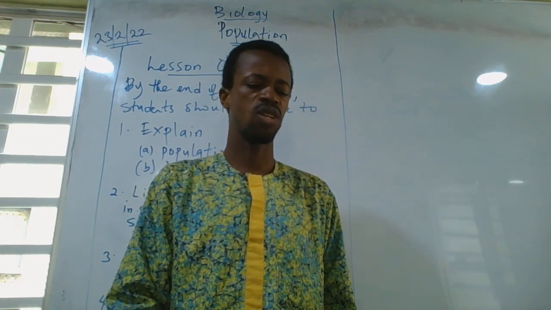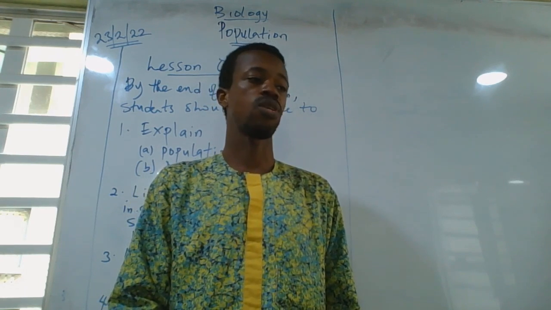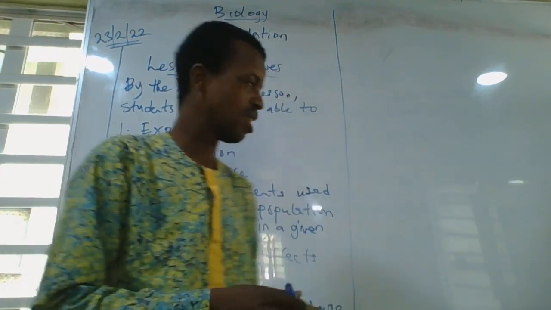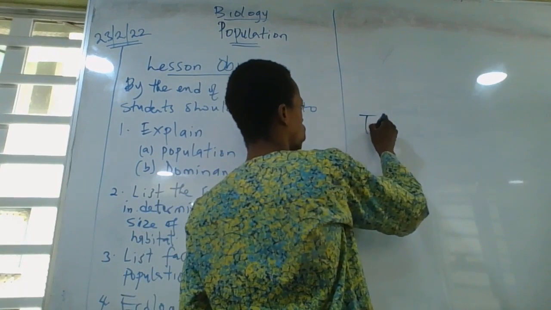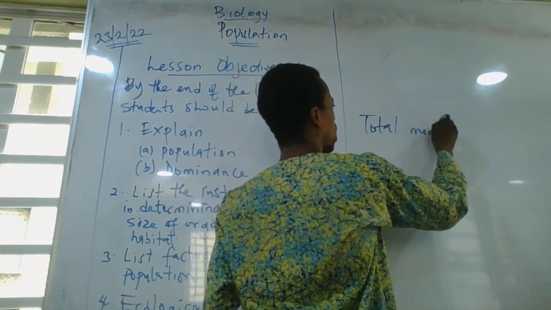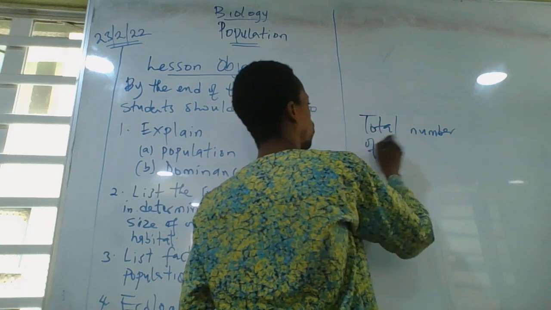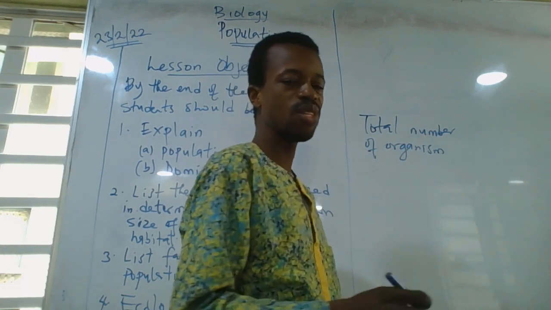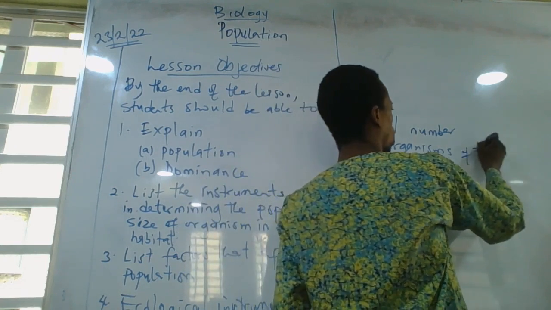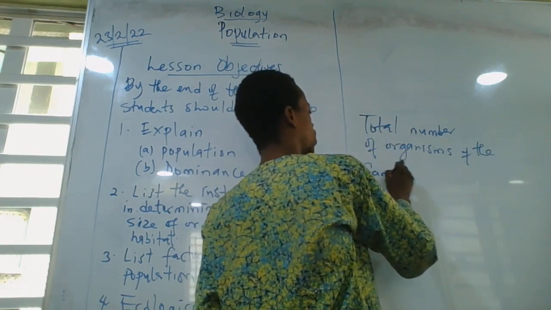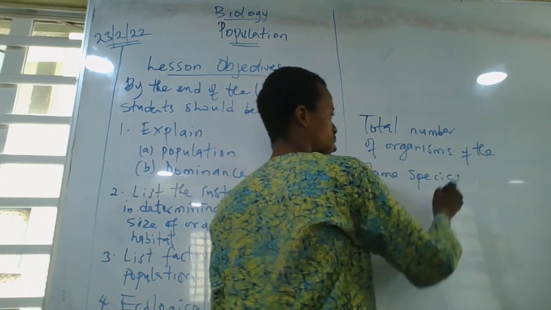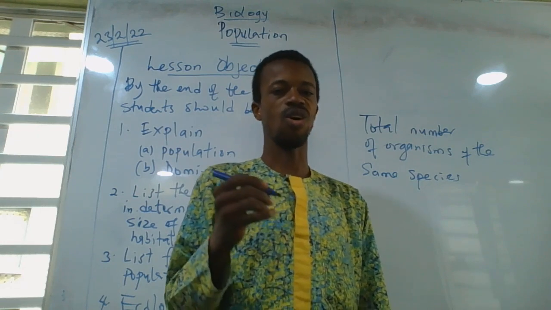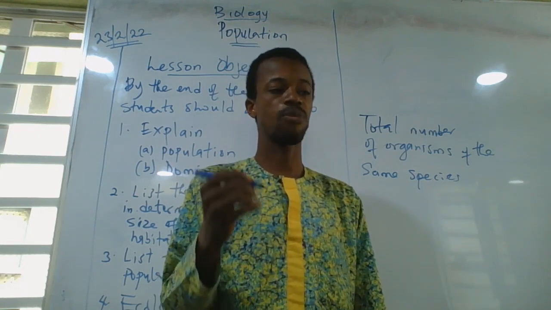So from definition, you can simply define population as the total number of organisms of the same species living together in a habitat or a given area at a particular point in time.